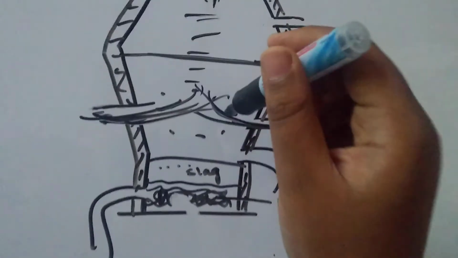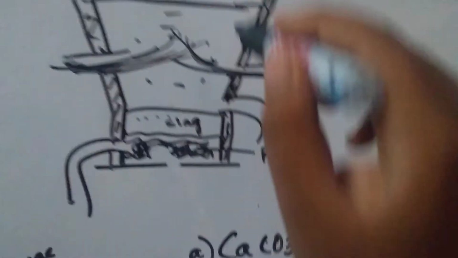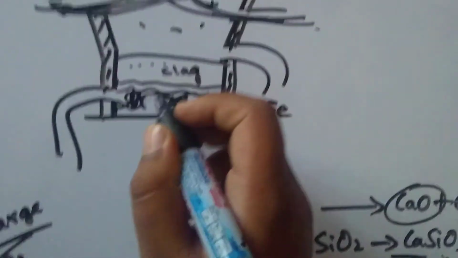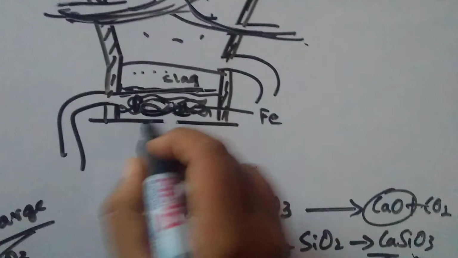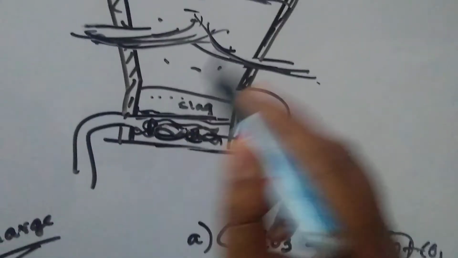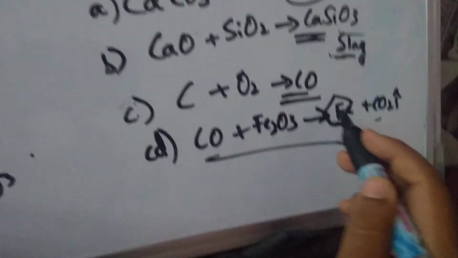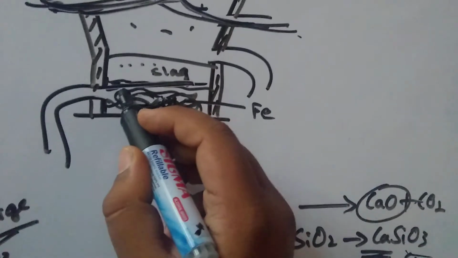Quicklime combines with silica to form calcium silicate or molten slag. And coke, and this is the slag. Carbon monoxide reduces iron oxide into pure iron. Pure iron is here.